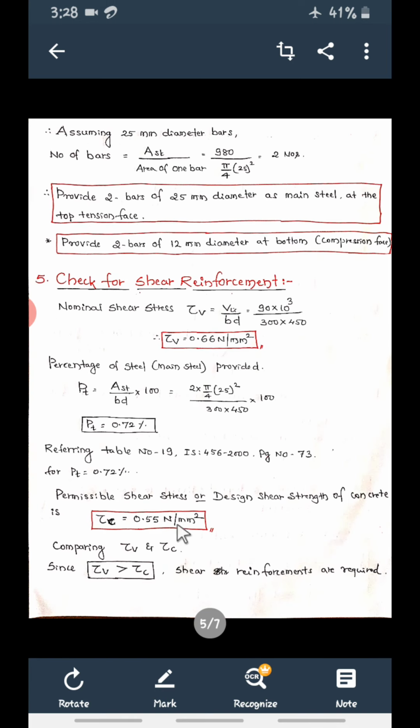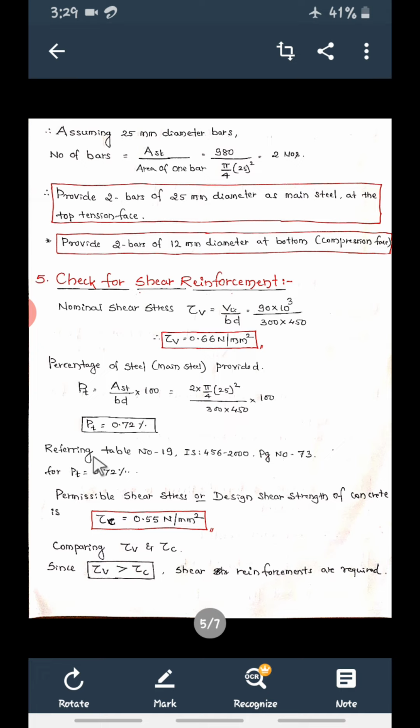So what is Ast? We are providing two main bars: 2 bars into pi by 4 into 25 square, divided by 300 into 450 mm, into 100. So this comes out 0.72%. So 0.72% of steel we are providing.